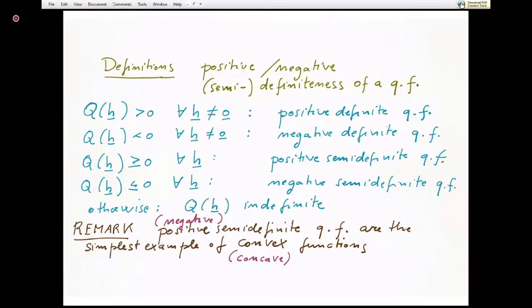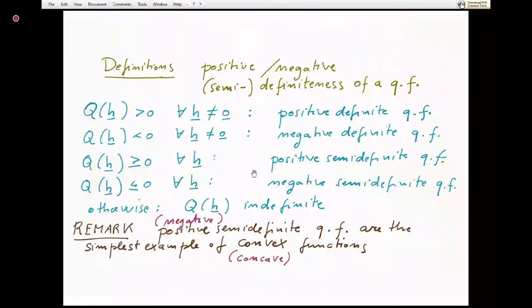Different from the one variable case, in which the only case the quadratic form is 0 is when h is 0, for 2 variables we may have cases in which h1 and h2 are not 0, but the quadratic form is 0 as well. So we must distinguish between positive definite and positive semi-definite.